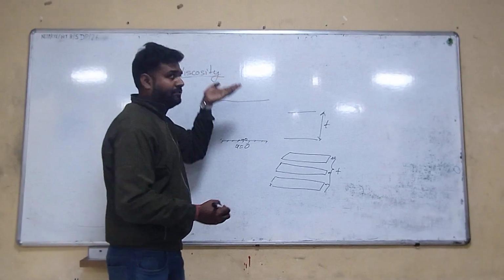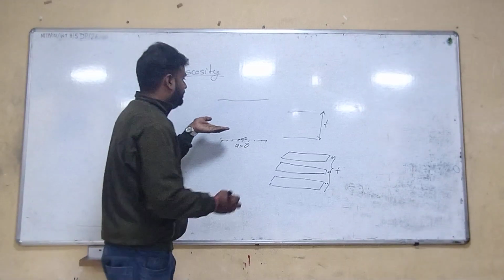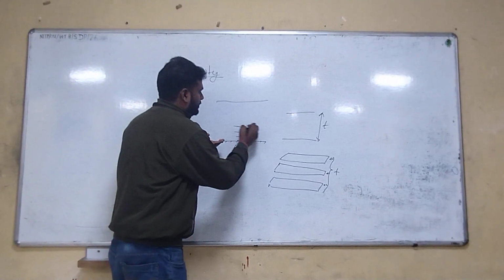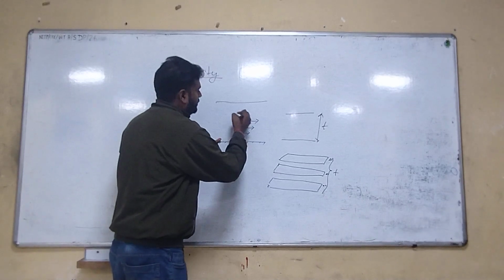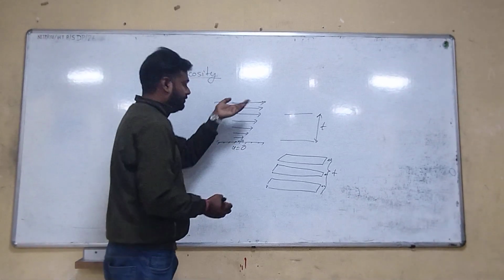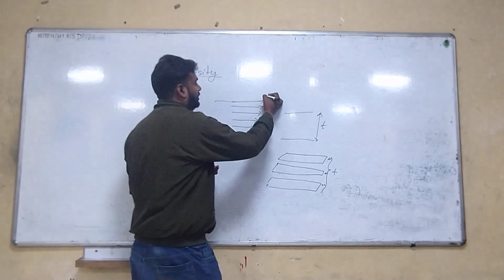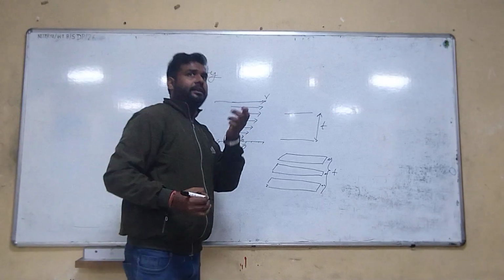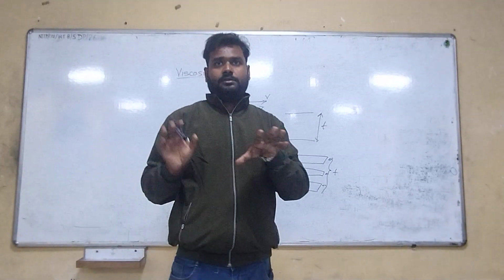As we go upward in the flow, we can see the velocity is increasing, and at the top of the flow, the velocity attains 90% of the velocity.